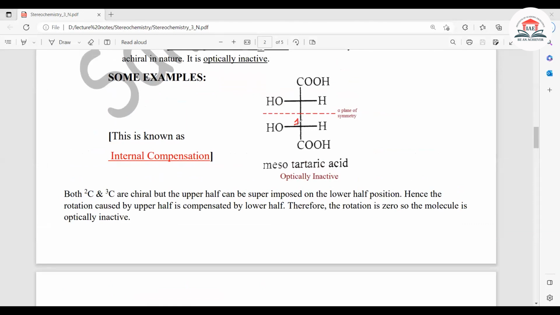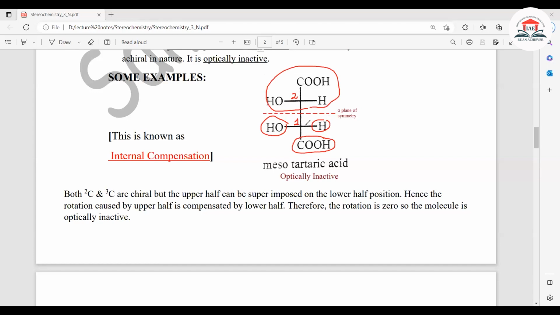This is carbon number 1 and carbon number 2. This one is carbon number 2. So you can see that carbon number 1 is attached to one OH, another H, a COOH group, and this big group on the other side. So this one carbon is attached to 4 different types of groups.